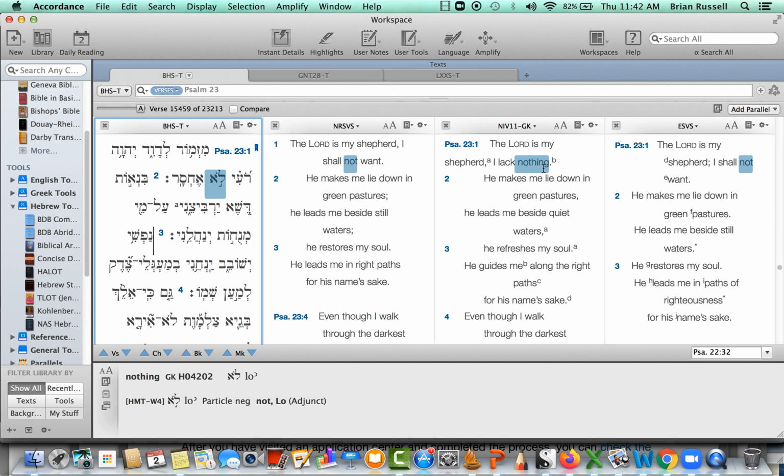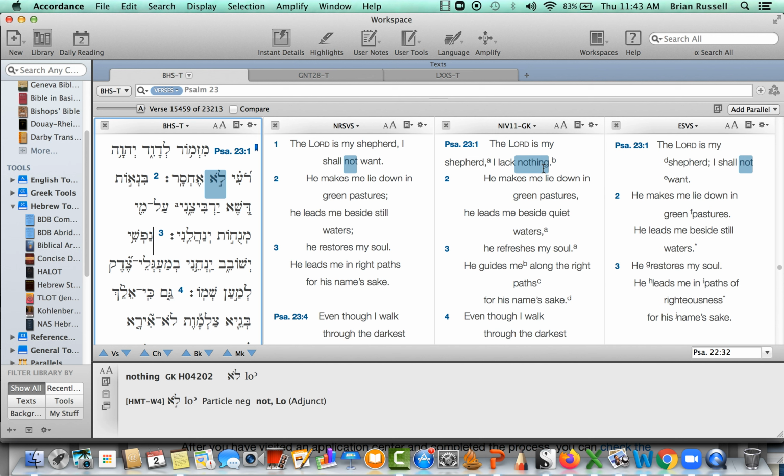What I'm more interested in is what's the tense? Is this saying the Lord is my shepherd, so I will not want? Or is this the Lord is my shepherd, I am not wanting, I am not lacking anything, right? So go to imperfect and look at 3.2.2, and notice the NRSV and the ESV here, they take the imperfect as a future, which means it's looking ahead, it's anticipating something.